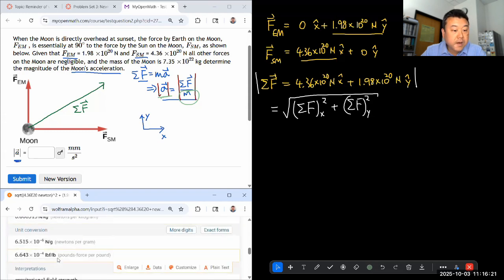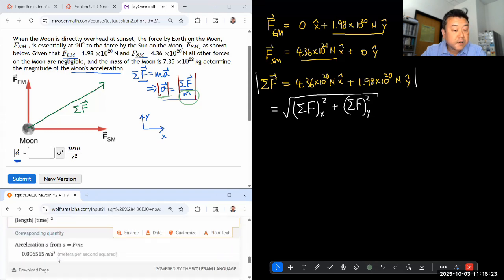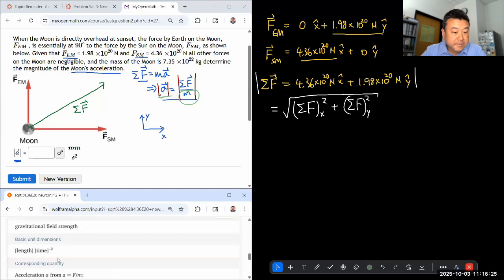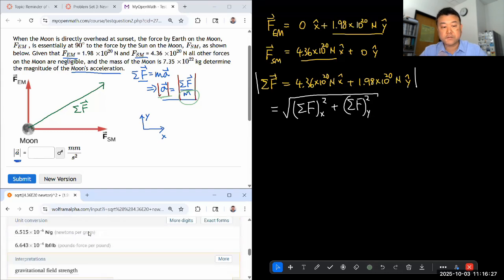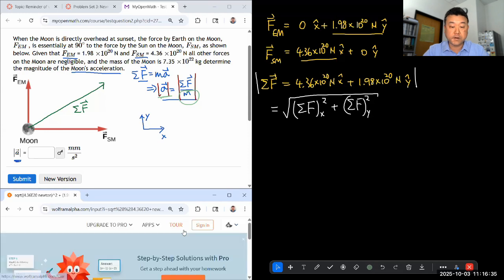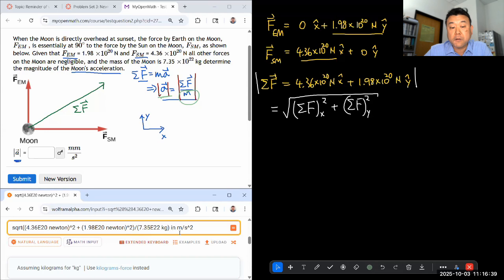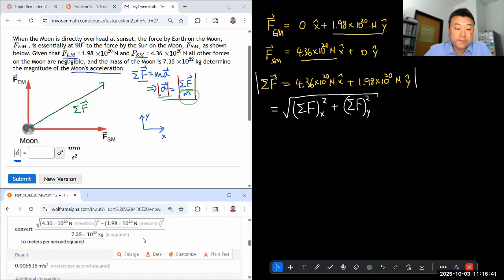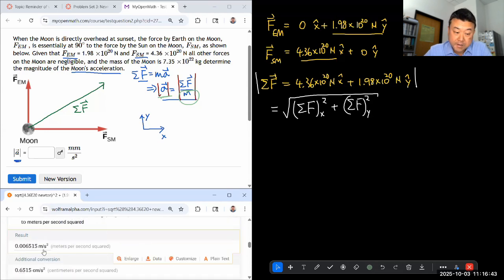Newton per kilogram is there. It's the same as gravitational field strength, so I think it's got it, but since it's not giving it to me in traditional acceleration units, I'll say in meters per second squared. And if somehow I made an algebra mistake and that's not one of the compatible units, then Wolfram Alpha will complain. Otherwise, it'll give me this.